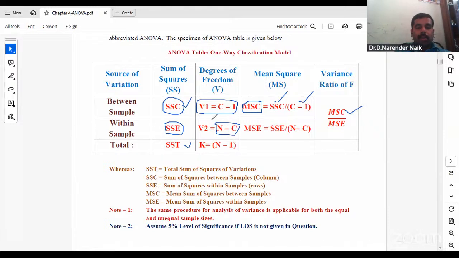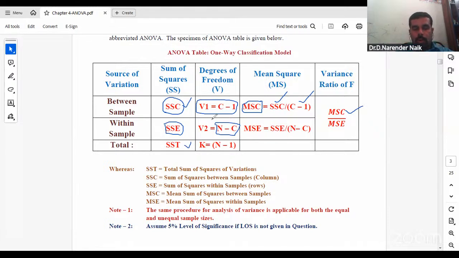SST is the total sum of squares of variations, SSC is the sum of squares between samples, that is columns, SSE is the sum of squares within samples, MSC is the mean sum of squares between samples, and MSE is the mean sum of squares within samples.